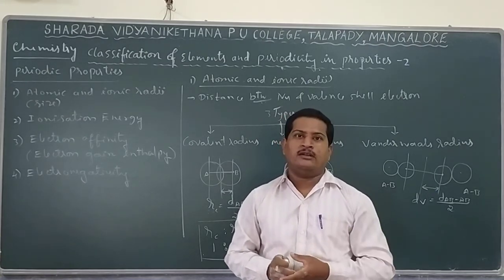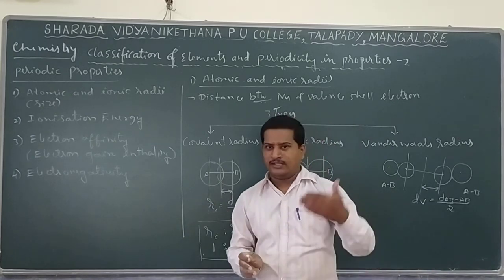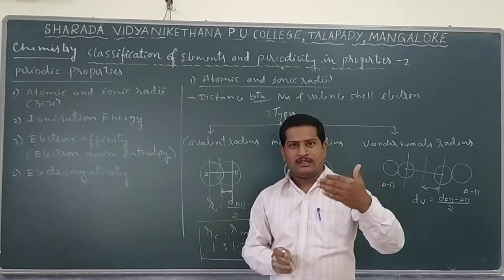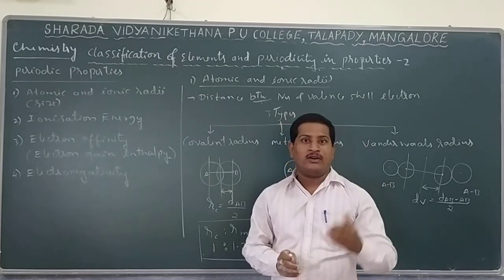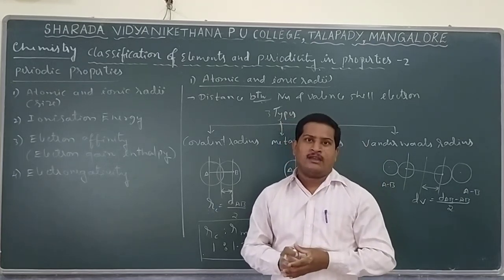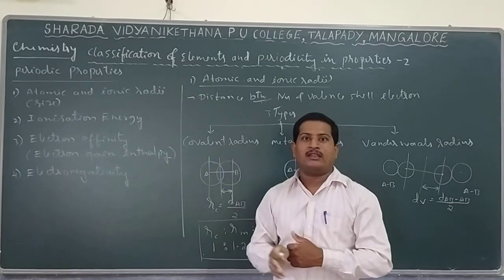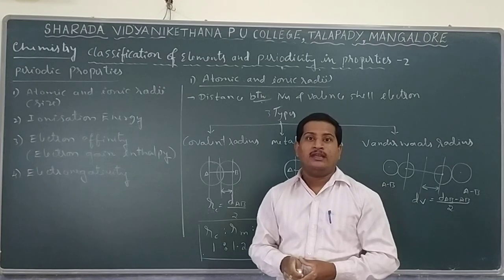So let us go with periodicity in properties. It is observed from the modern periodic table that some properties are repeated for sets of elements, after certain intervals of atomic number.